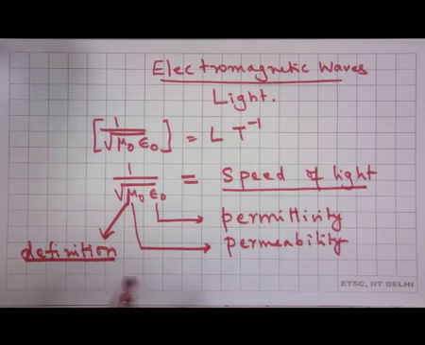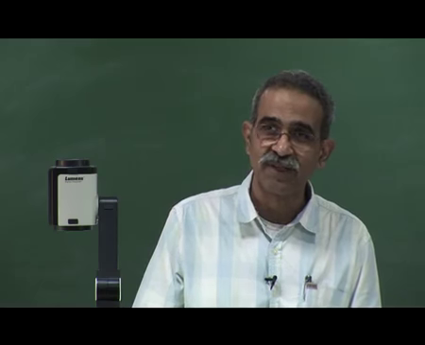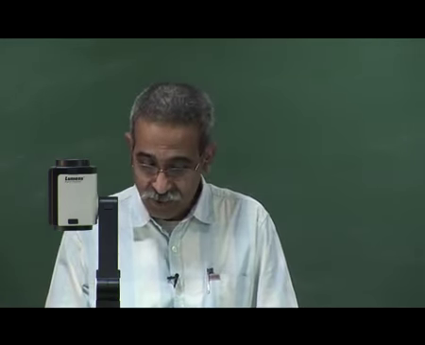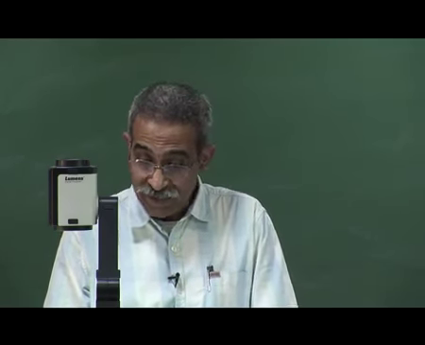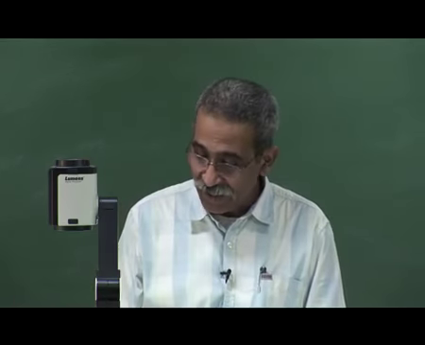In fact, it is given as a definition, and then of course, once you give mu naught as a definition, you can always determine epsilon naught. This is not exactly a course on units and dimensions and what is measurable and what is not measurable, but I would invite all of you students to think a little bit about it and ponder over what is happening here. But for our purposes, we don't have to worry about that.